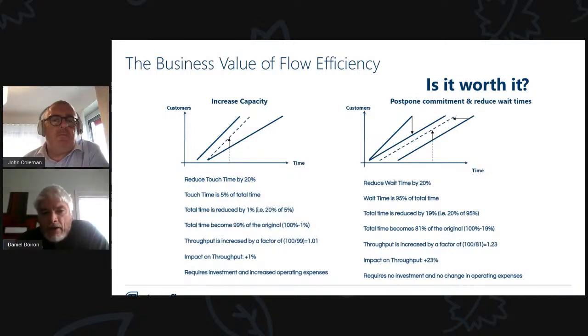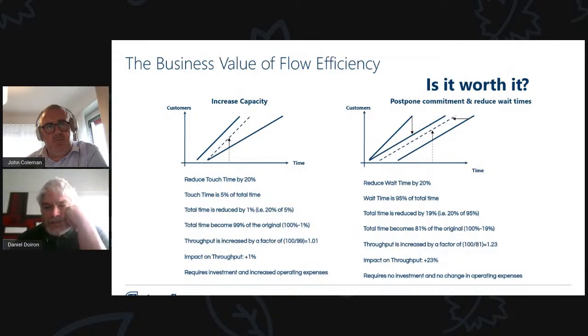So I got an improvement in flow time of 19% and throughput of 23%. And here I got an improvement in flow time of 1% and on throughput of 1%. By reducing wait time, it cost me no money and no changes in the way that I work, nor on the operating expenses.